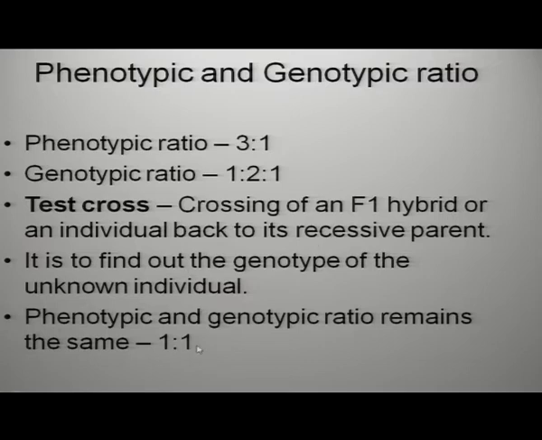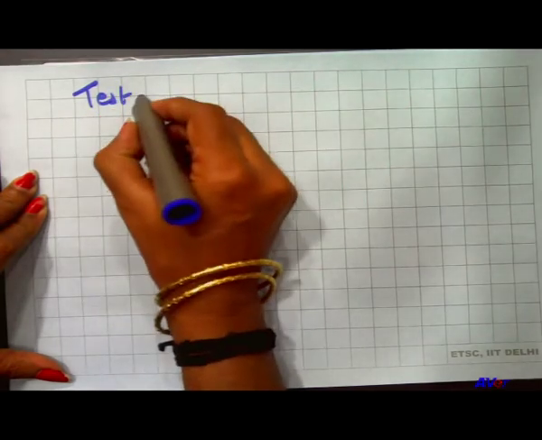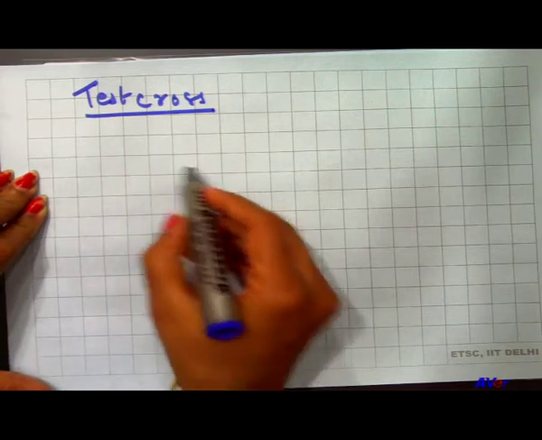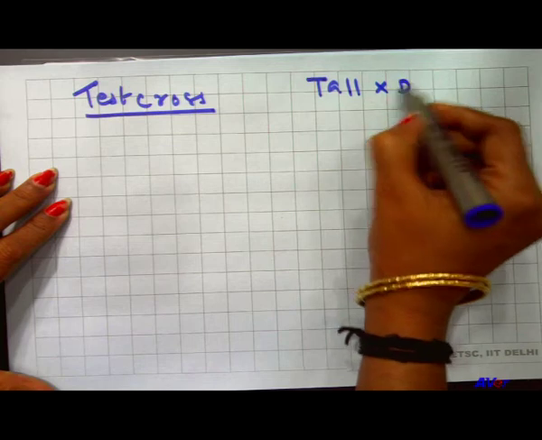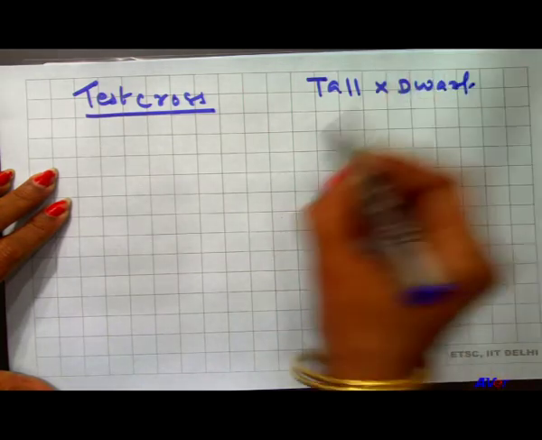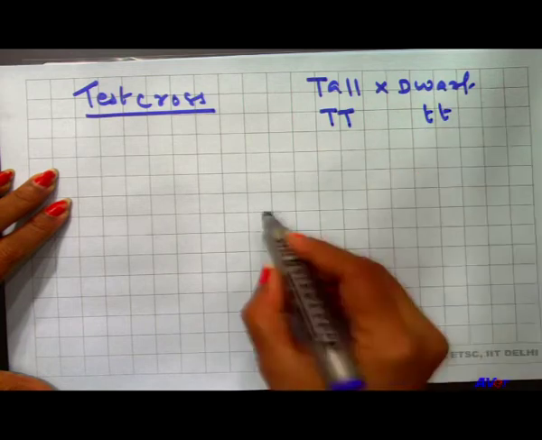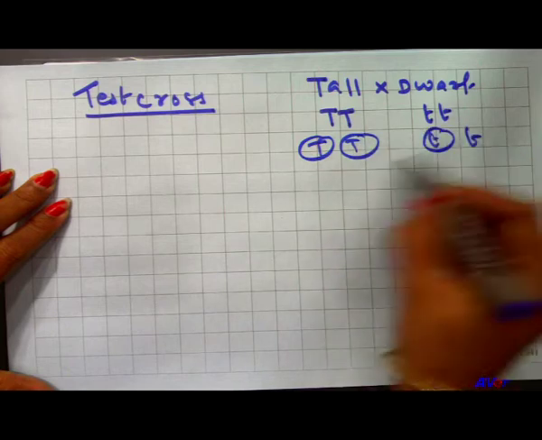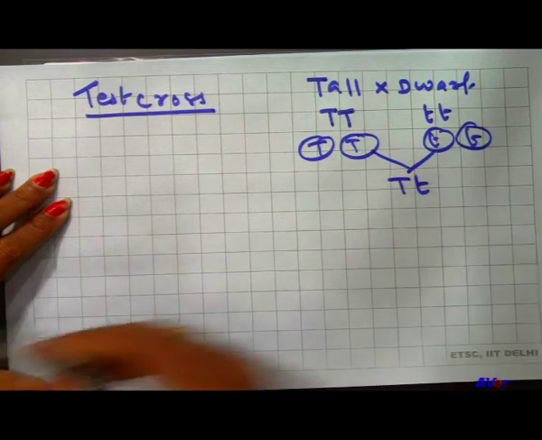I will show you the cross again. Listen carefully. Test cross. For example, in this original cross, tall into dwarf, we know that it is capital T and here it is small t. The gametes are like this, and the F1 hybrid is capital T small t.